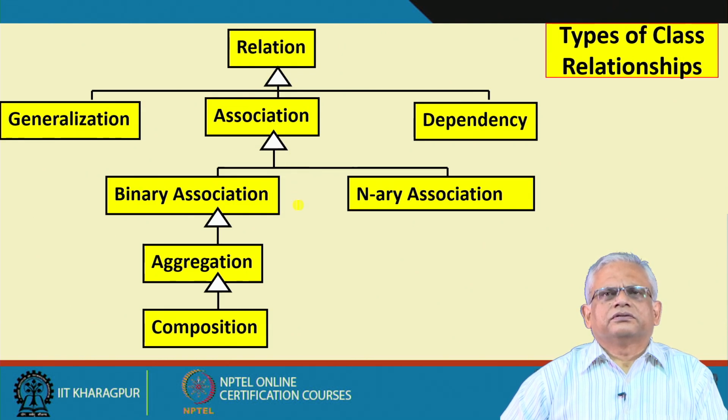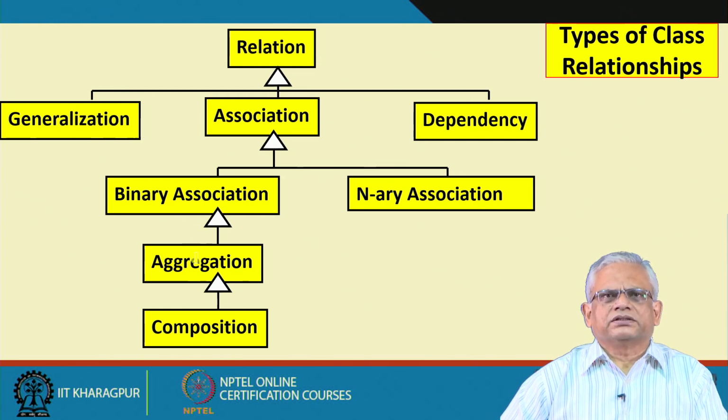Even though we said that there are types of relations between classes that are possible, generalization, specialization, association, aggregation, composition, and dependency, as we will discuss now, aggregation is a special case of binary association, something more than binary association.